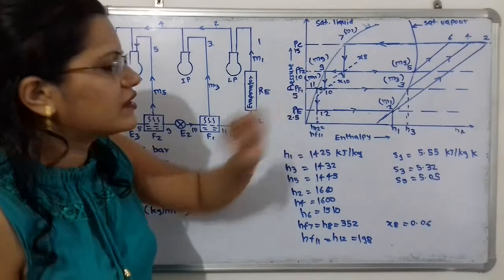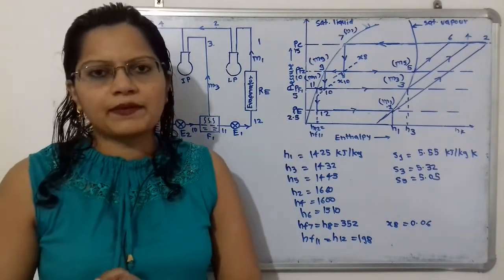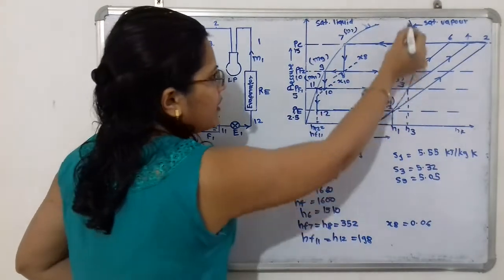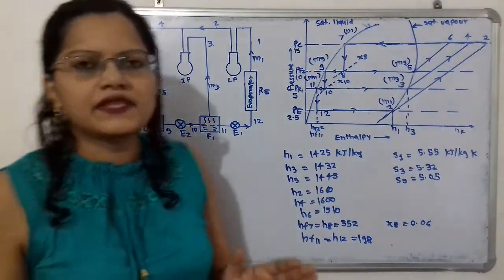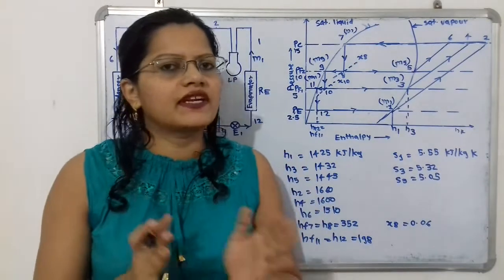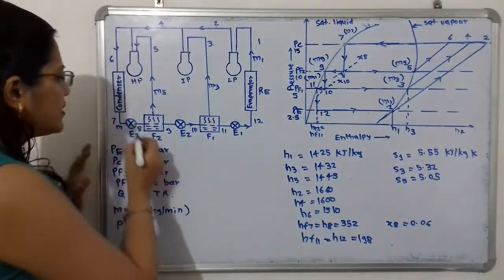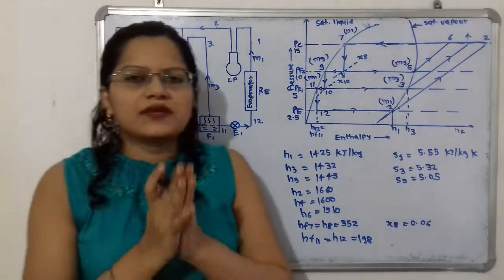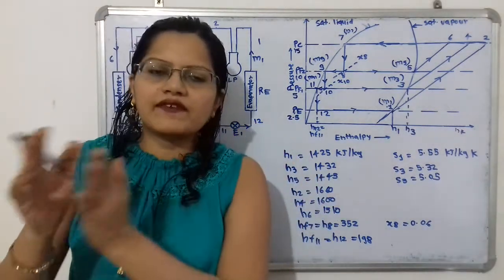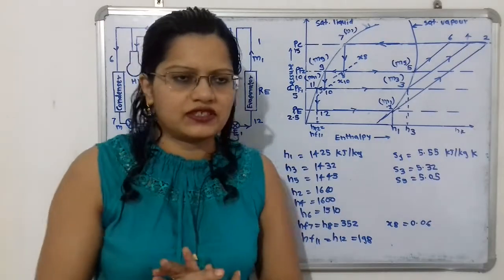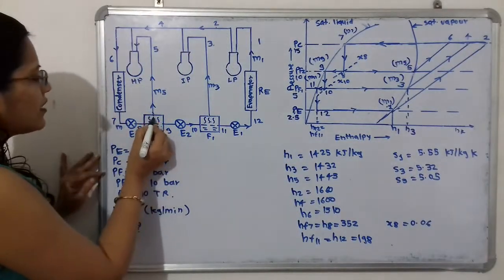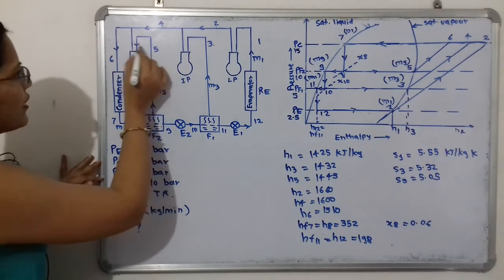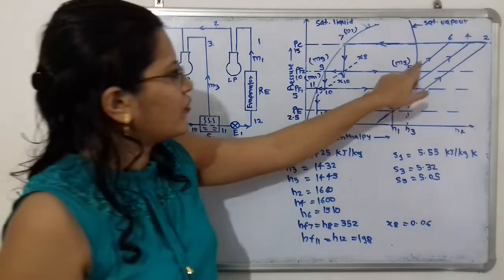Now if we observe this point 8, what is happening? This point is in between the saturated liquid line and saturated vapor line. That means there is a mixture of liquid and vapor. So when it is moving towards the flash chamber, what is happening? The flash chamber separates it into liquid refrigerant and vapor refrigerant. And this vapor refrigerant is passing for the high pressure compression for the process of 5 to 6.